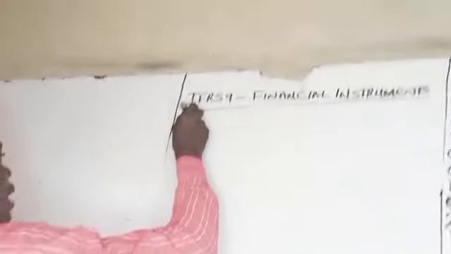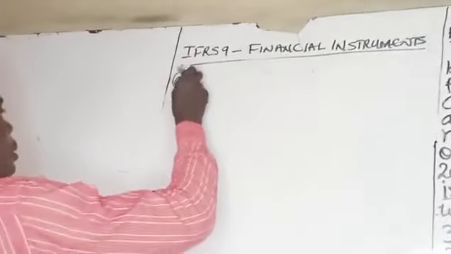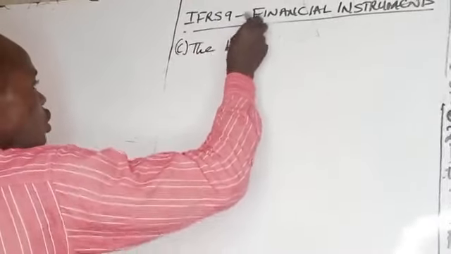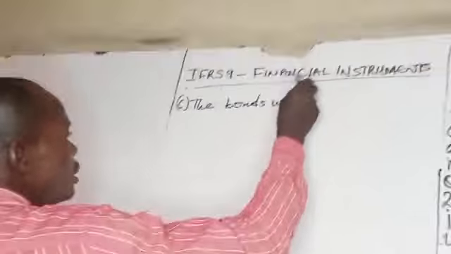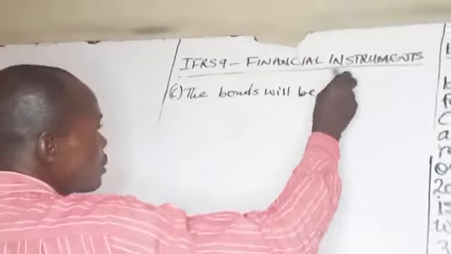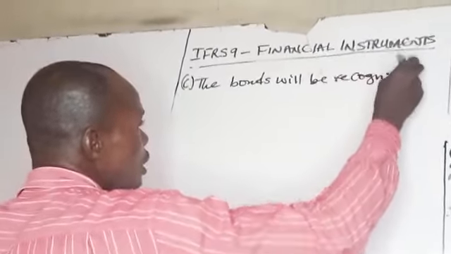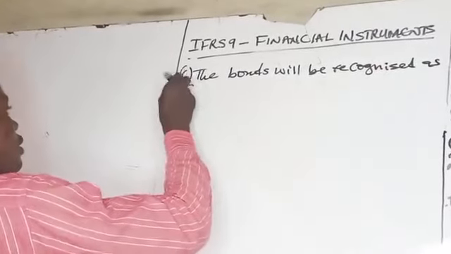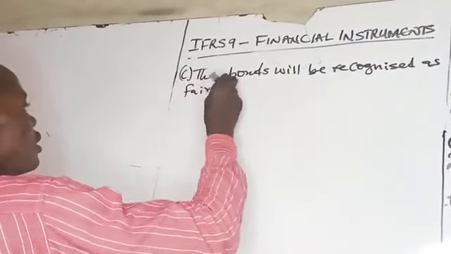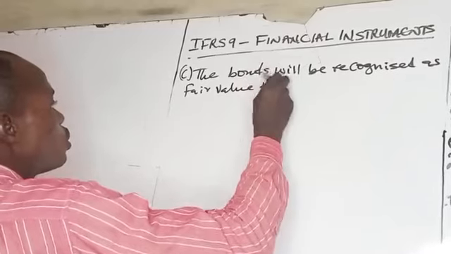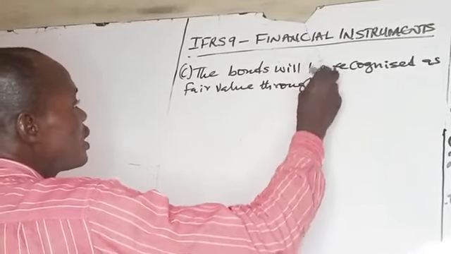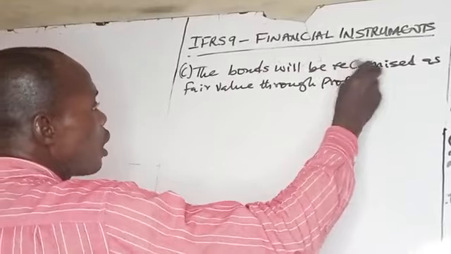So for C, the bonds will be recognized as fair value through profit or loss.